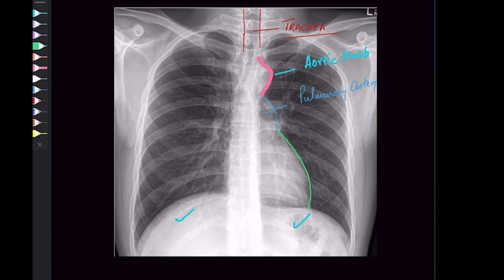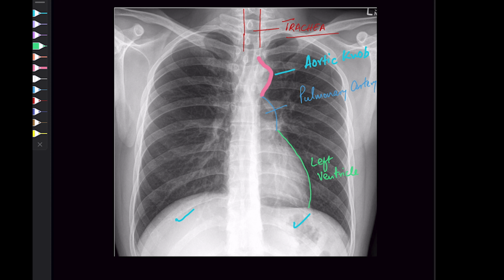We are looking at the left ventricle of the heart. If someone asks me, what are those structures that make the left border of my heart, I can simply say the aortic knuckle or aortic knob, pulmonary artery and left ventricle. They are making the left border of my heart.